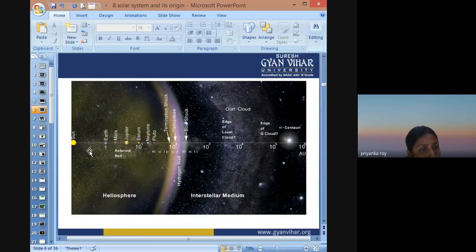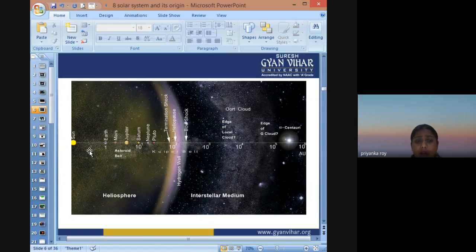They have global salt water oceans under a thick icy shell. So if there is water, it is expected that there could be life in these moons of Jupiter and Saturn.